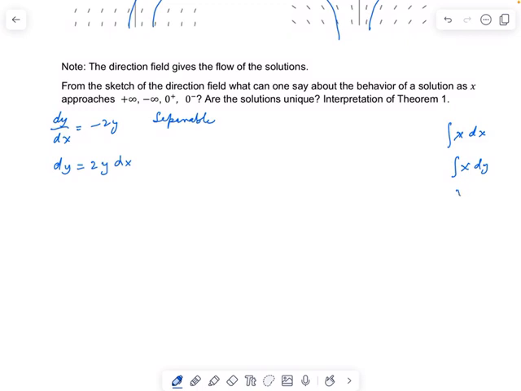The answer will be x times y plus a constant plus a function of x. But here we are not doing that, because we have both dy and dx in our equation. So anything which has a y in it should go to the dy side, and anything which has x in it should go to the dx side. So there was a negative sign here.